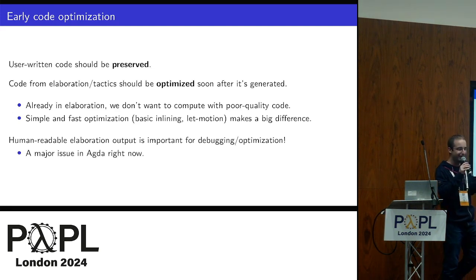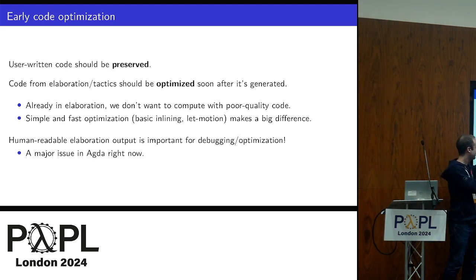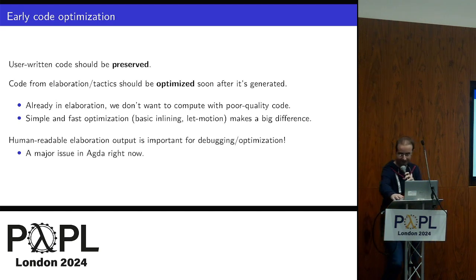So recently there were some issues when it turned out that Agda developers thought that some things were in the interfaces of modules, but the reality turned out to be quite different. So I think a very good rule of thumb is that one of the most important points of this optimization is to make your elaboration output human readable.